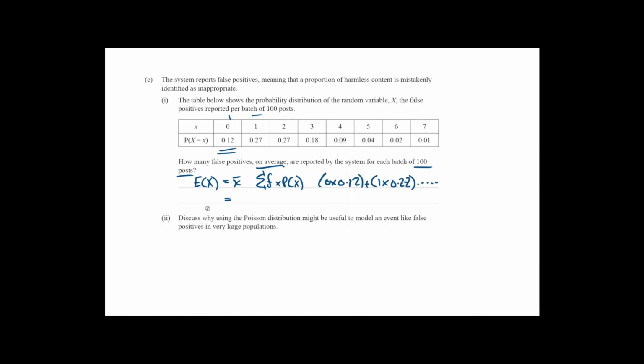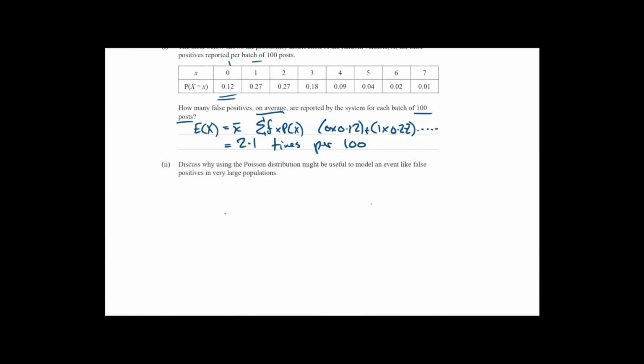And that's our answer, 2.1 times per 100. So discuss why the Poisson distribution may be useful for us in this time. Well, we're presuming that the events are rare, yes.